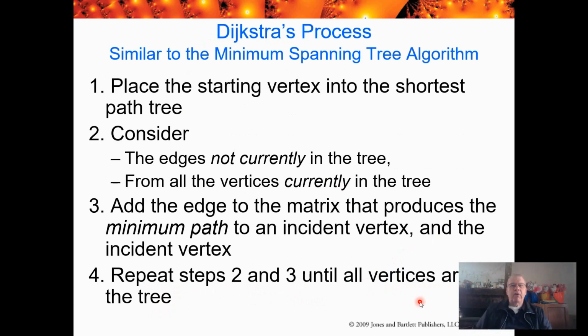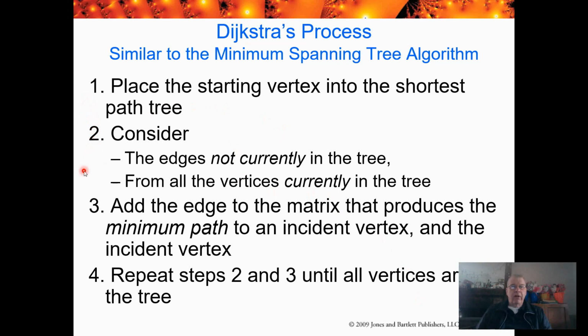So Dijkstra's, as with many of these algorithms, is a greedy algorithm, which just means that at each step you look at the next best option rather than trying to maximize the whole process at once. So here's the algorithm in short. You place the starting vertex into the shortest path tree, in our case V0.